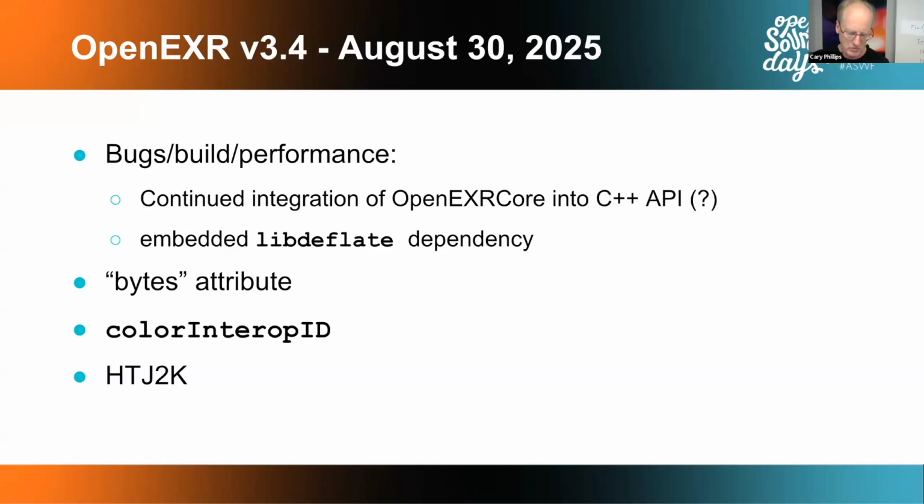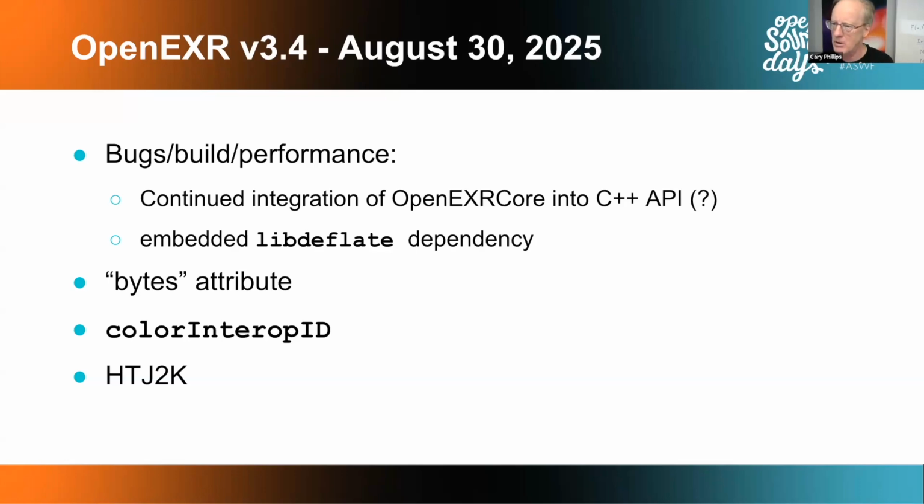It handles memory allocation much more efficiently and makes it possible to multi-thread the library in the way the C++ API does not. The 3.2 and 3.3 release saw more of that functionality get integrated into the C++ API. One of the things that we're rolling out in an effort to simplify the whole process is to eliminate the dependency on libdeflate by vendoring the code into the library.